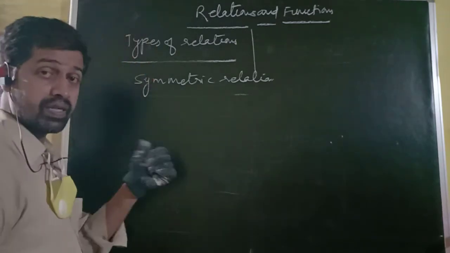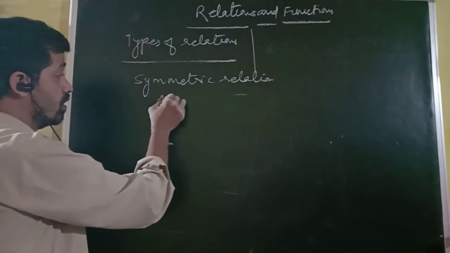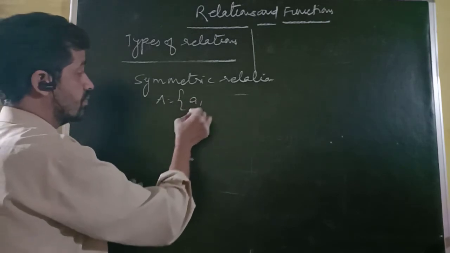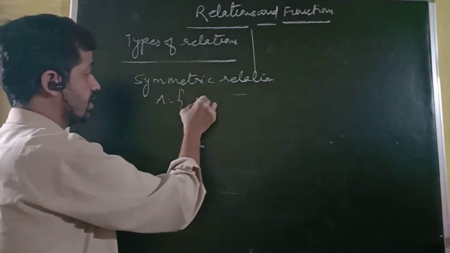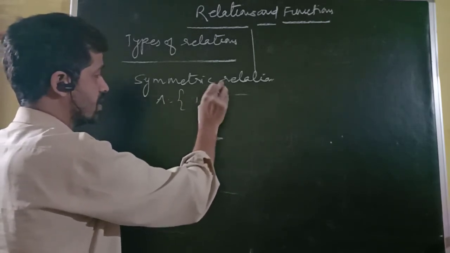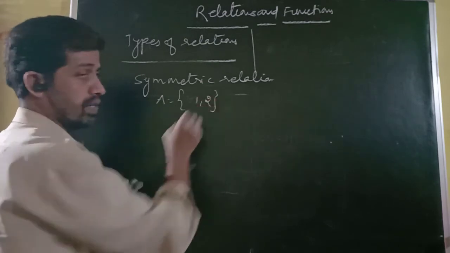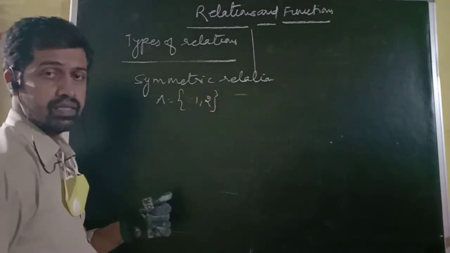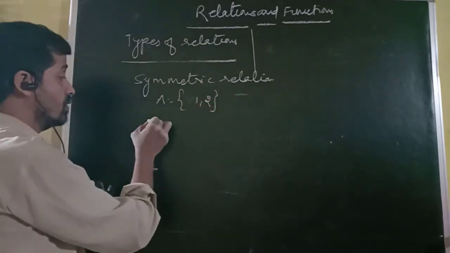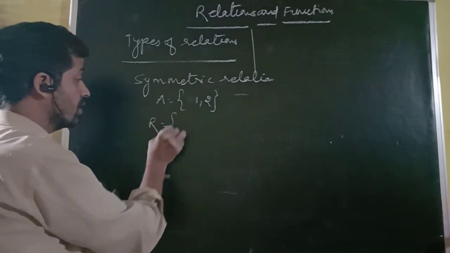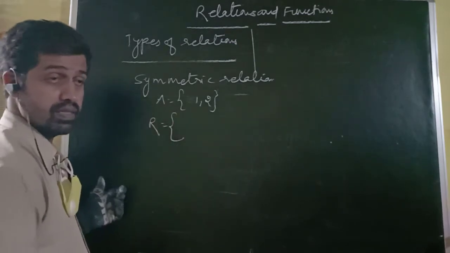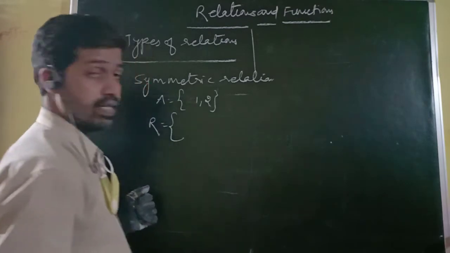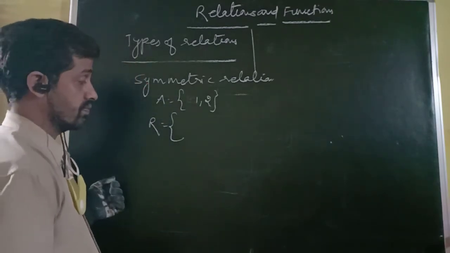Now, symmetric relation on a set. We take the same set as we have been taking from the beginning. Set A is there, elements are 1, 2. On this set, we are writing a symmetric relation.